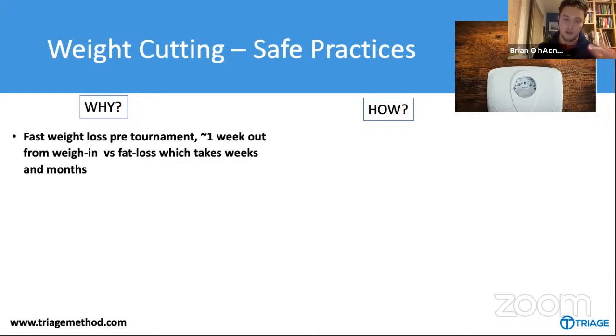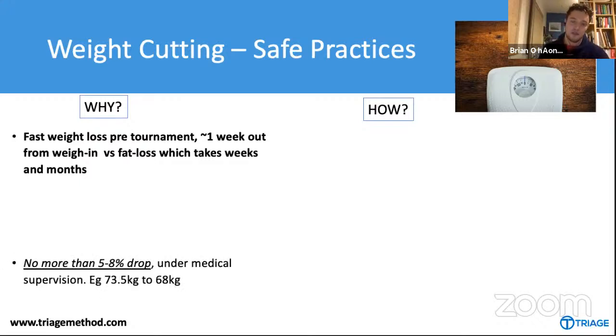So we're talking about 1 week out here, as opposed to fat loss, which is actually lowering your body fat levels and losing weight that way. That takes weeks, maybe months, depending where you're starting. This weight cutting practice is mostly about manipulating water, carbohydrates in the body, your glycogen tank, and the contents of the gut. So just to preface that.